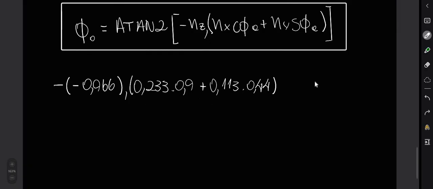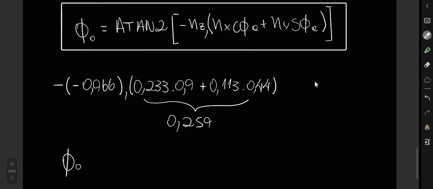And this is equal to 0.259, and I'm doing an approximation.